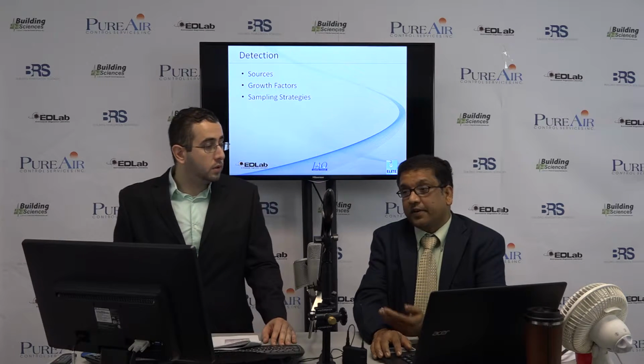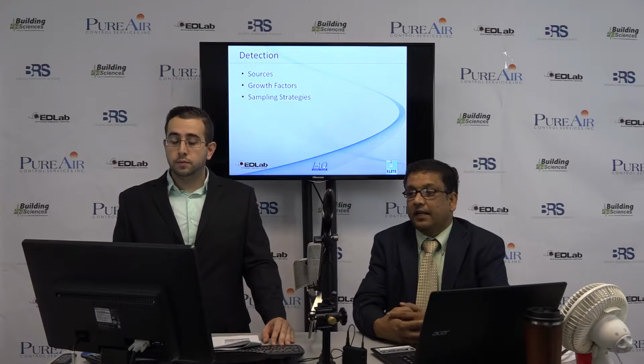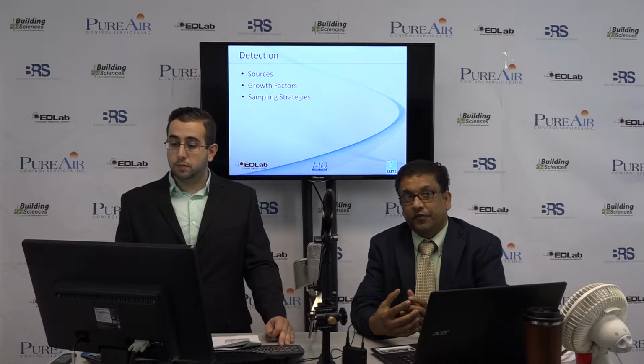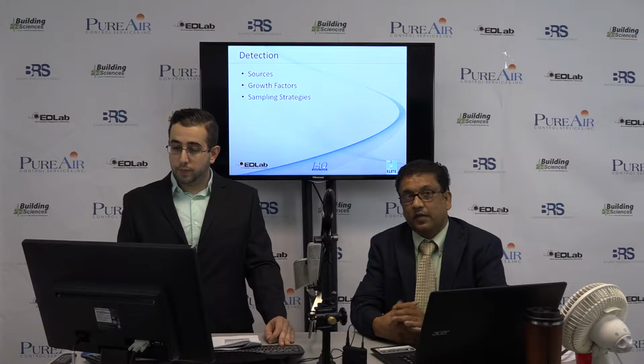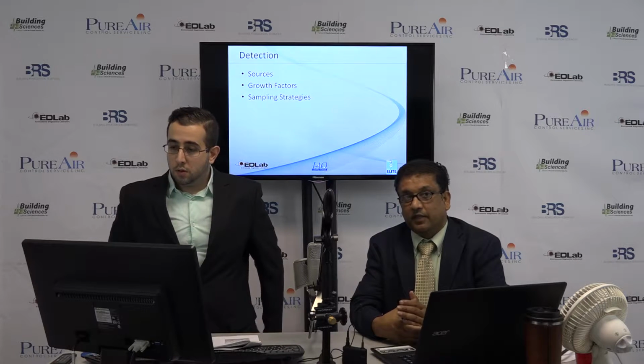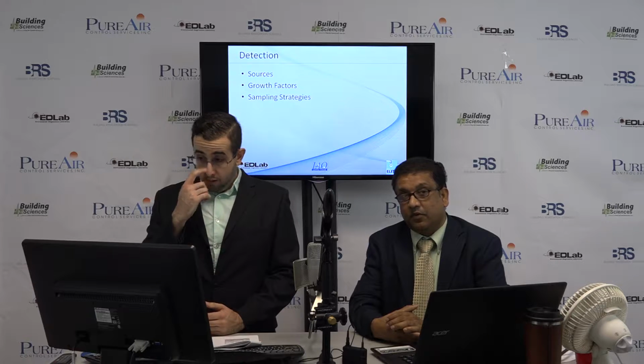So if you are trying to detect the Legionella bacteria, you have to focus on three main components. The first one is the source itself, where the source of the bacteria is. The second component is the growth factor: if you have good growth conditions, the bacteria flourish in a good manner, and then get disseminated through the environment or through the air.